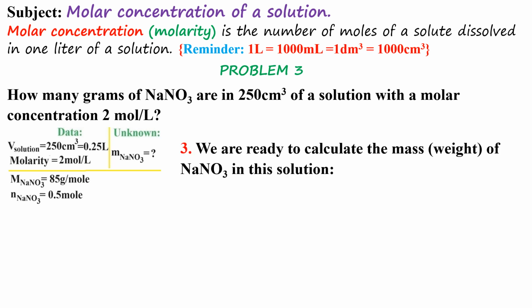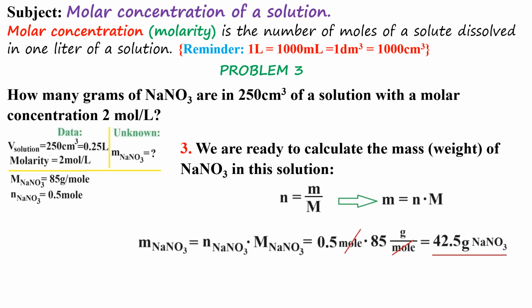Finally, we are ready to calculate the weight of sodium nitrate in this solution. The number of moles of substance is equal to the weight of the substance divided by its molar mass. After transforming the formula, we get that the weight equals the number of moles multiplied by the molar mass.